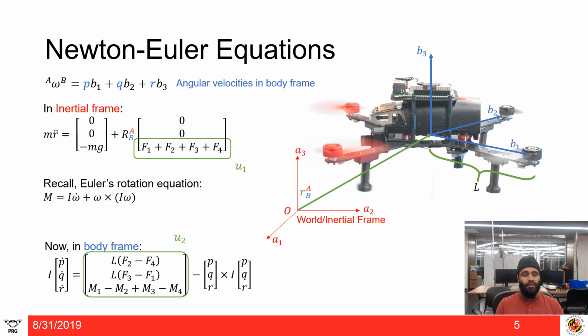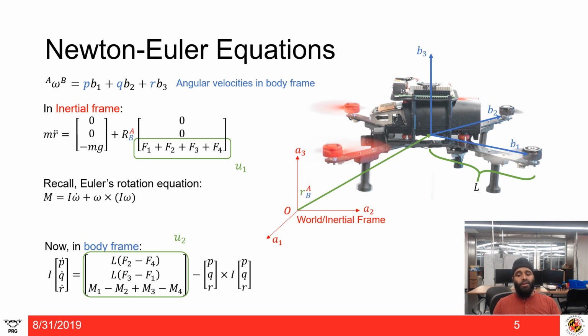So it's just another version of the Euler equation for the quadrotor. We call this big matrix U2. Note that here a few of the forces and the moments are negative. This is because two of the propellers are spinning in the opposite direction of the other two.